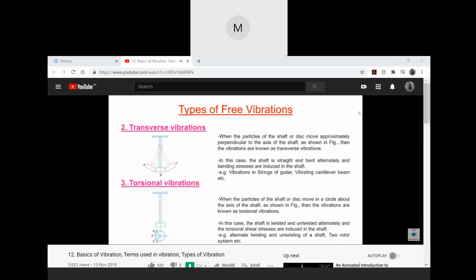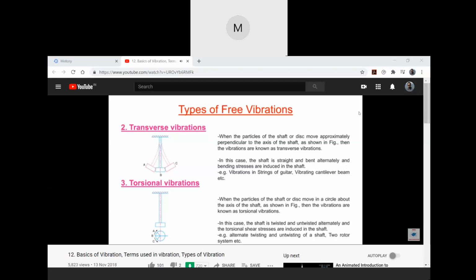Then there will be motion of the particles of shaft or disc in a circular manner about the axis. That is, it will twist and untwist about the axis of shaft. This type of vibration is called torsional vibration.